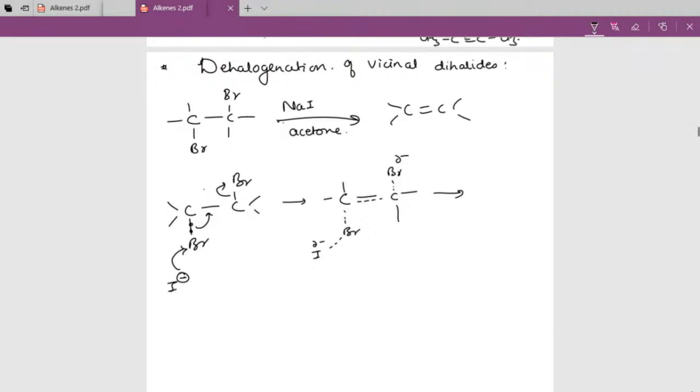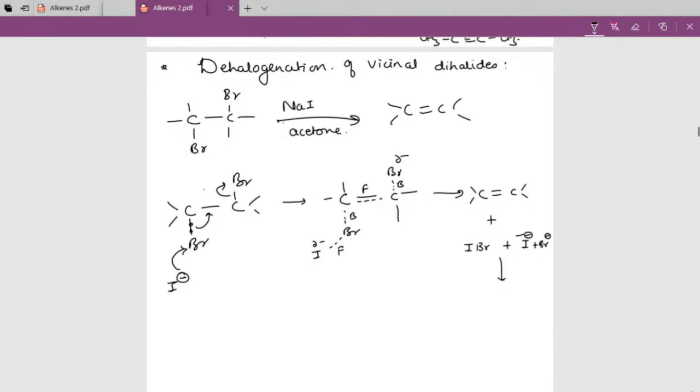So I said this is how it will attack. Now, when this bond is being formed, this is broken, this is formed, this is broken. Till here it is okay. This will again form an alkene. The other product obtained is IBr. There is certainly extra I- in the medium, and Br- is formed here itself.